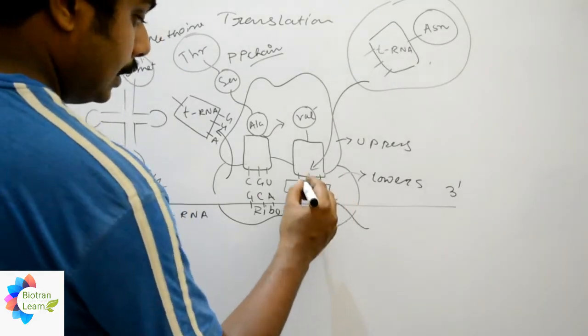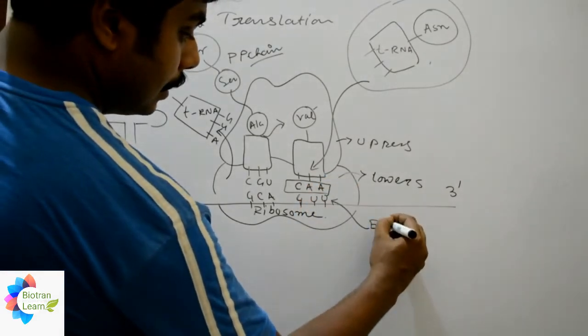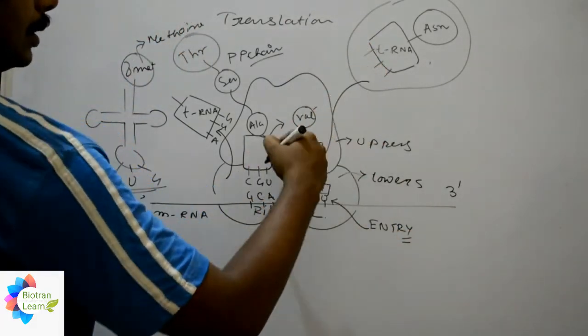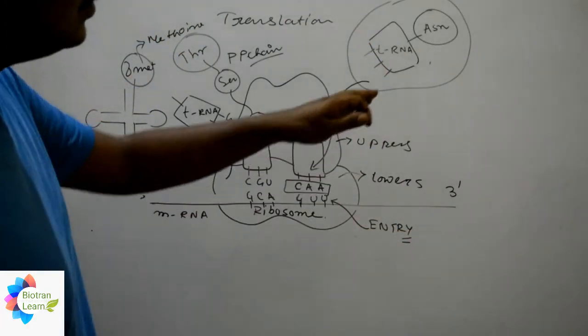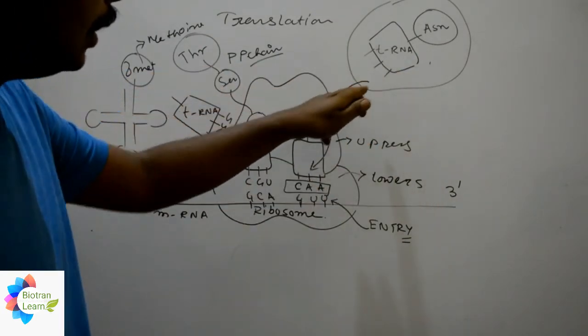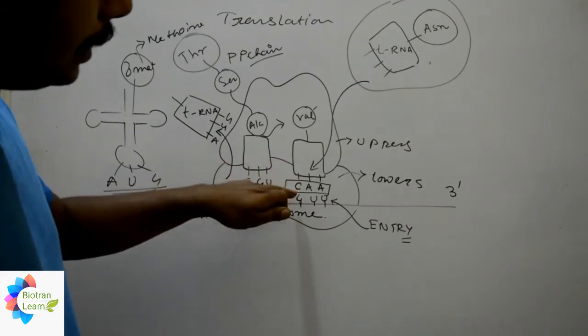At the entry site of this ribosome, the entry site will be filled by the charged tRNA, and this charged tRNA will come and sit in this position.